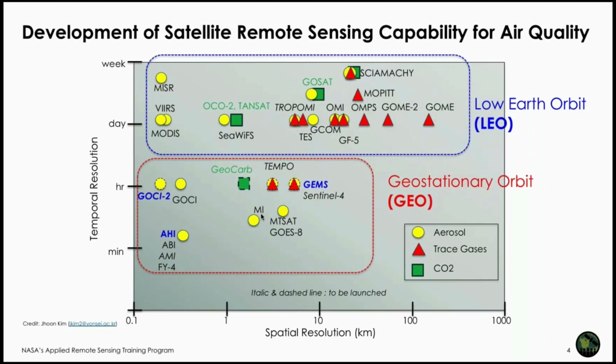We can see that most low Earth orbit (LEO) sensors have a day to week temporal resolution, but geostationary orbit sensors have higher temporal resolution from a few minutes to 1 hour. In this talk, I will only cover aerosols using GOCI, AHI on HIMAWARI, and GEMS for air quality studies.